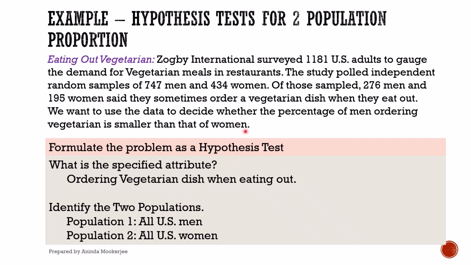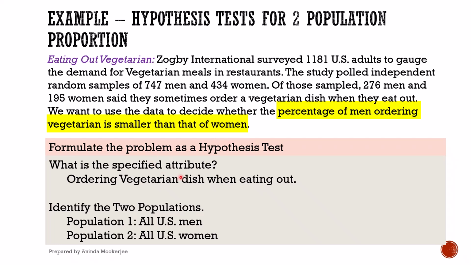So as it says here, they want to determine if the proportion of men ordering vegetarian is smaller than that of women. So here we are comparing. We have to find the proportion of men ordering vegetarian meals and then women ordering vegetarian meals, and then compare them and check if men order fewer times than women.